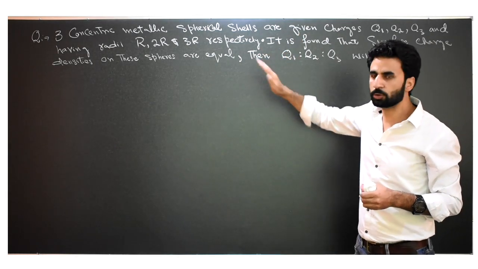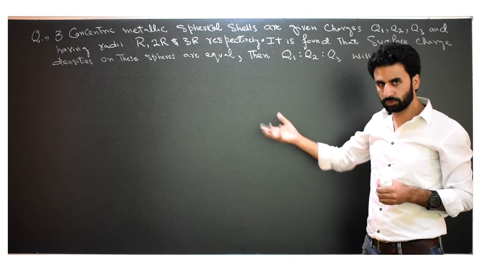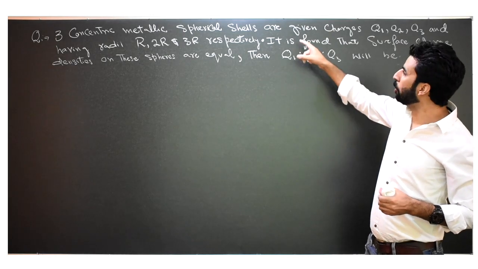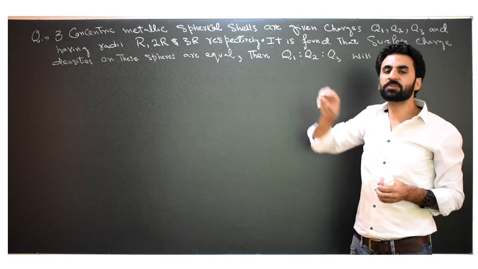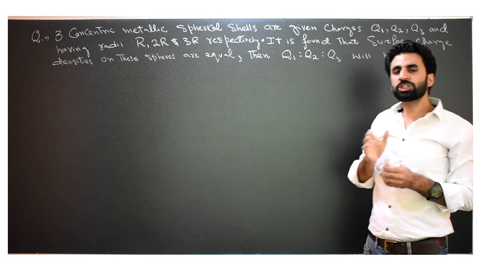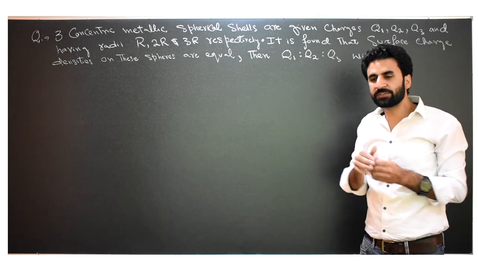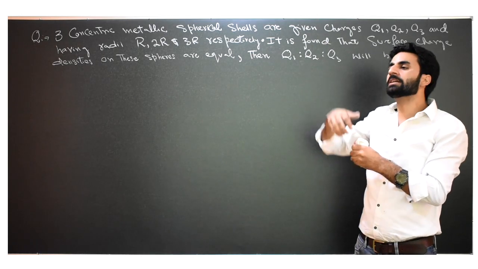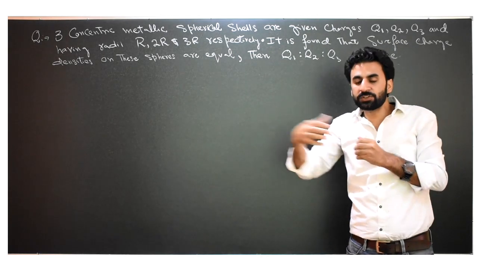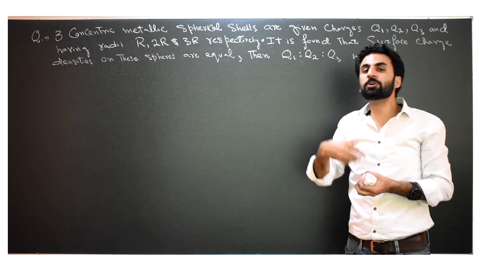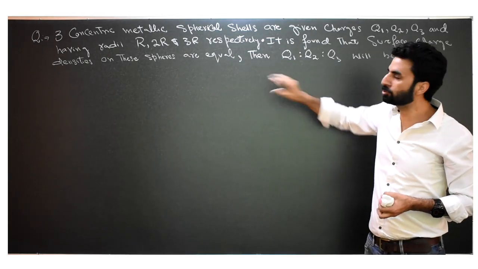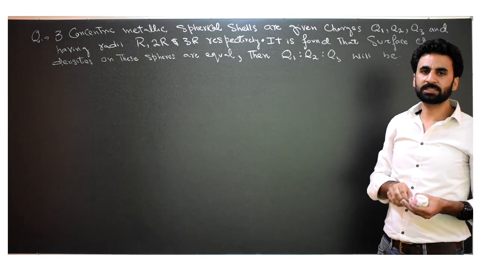And apart from that, we should also have the concept of charge by induction. We know charge gets transferred by conduction, where there is a physical contact between two bodies, but charge also gets transferred from one body to another by virtue of induction.